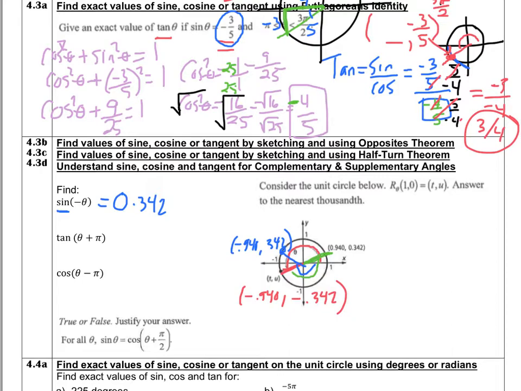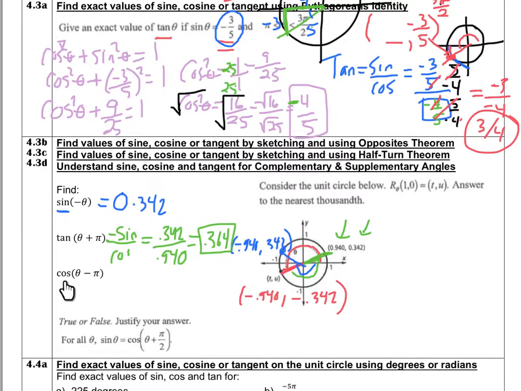Remember, tangent is sine over cosine. In this case, we're going to take this value over this, so it's 0.342 divided by the positive 0.940. When you simplify that, you're going to get a positive 0.364 as the tangent.